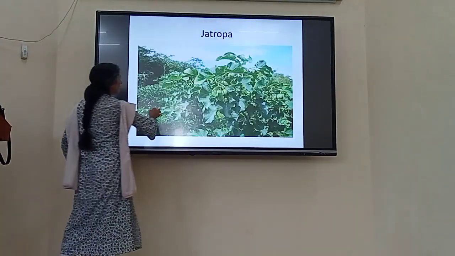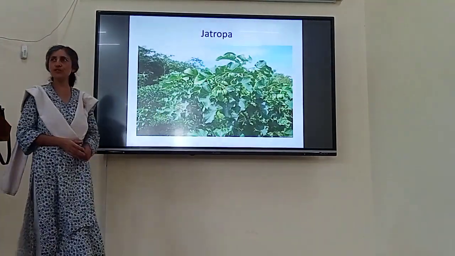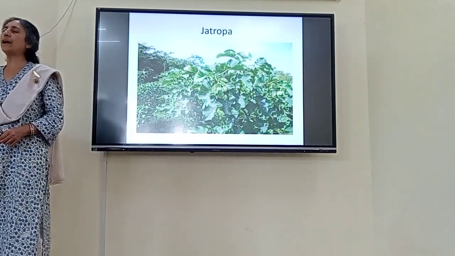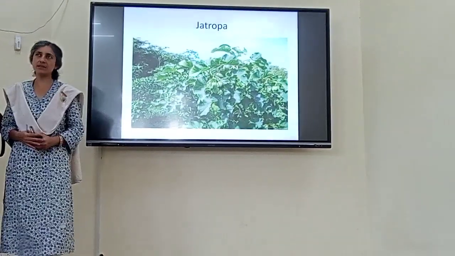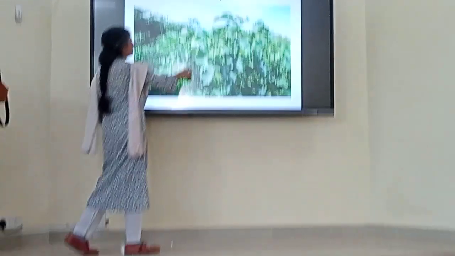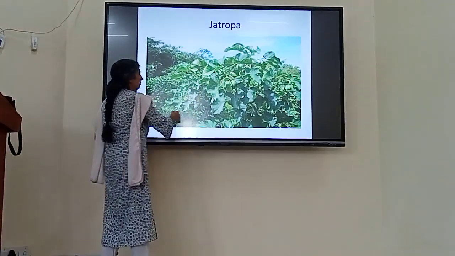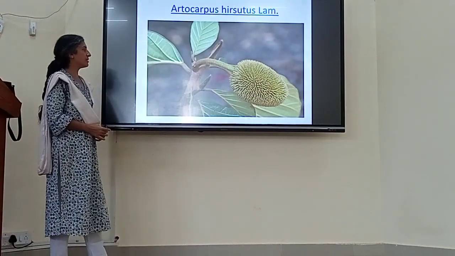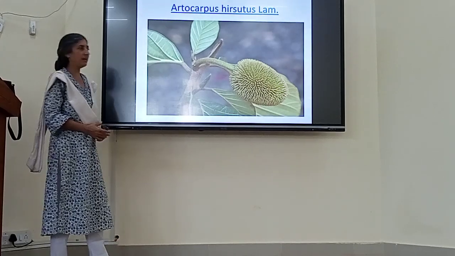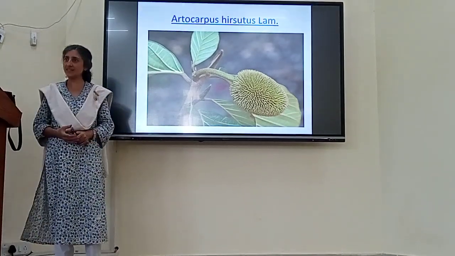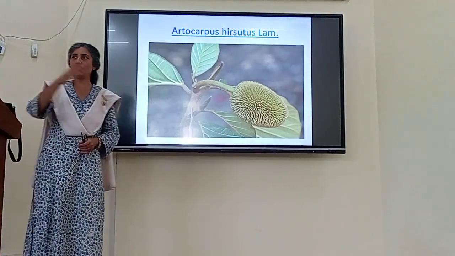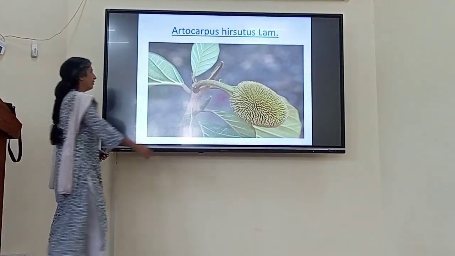Then in Jatropha, of course, you have Jatropha, which is called the biodiesel tree. You can see the leaf structure. Then you have Artocarpus hirsutus, the jackfruit family. Now the jackfruit season has already started. If you go around, you can see jackfruits.